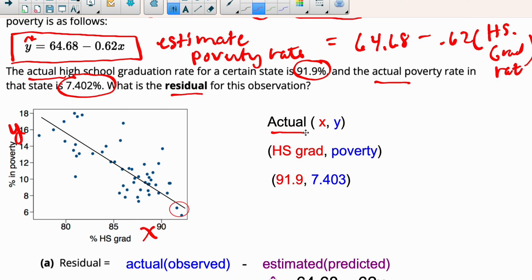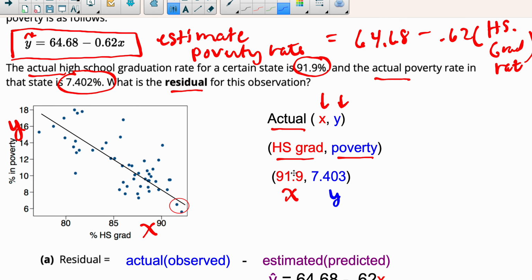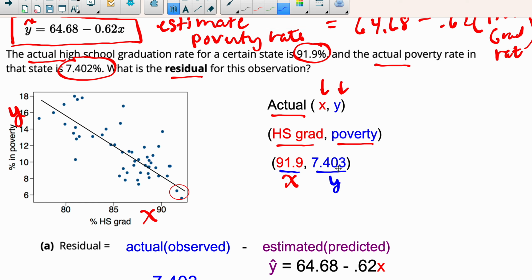We always write X, Y: high school graduation rate, poverty rate. In this case, our X was 91.9%. Our Y was 7.40% poverty rate. So when the high school graduation rate was 91.9%, the poverty rate was 7.402%.